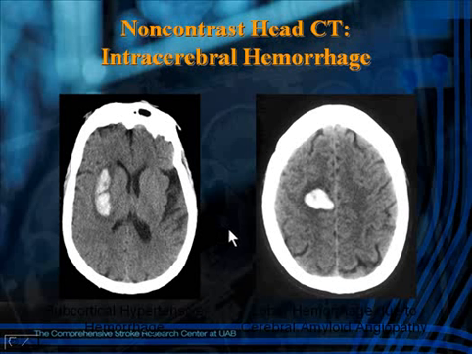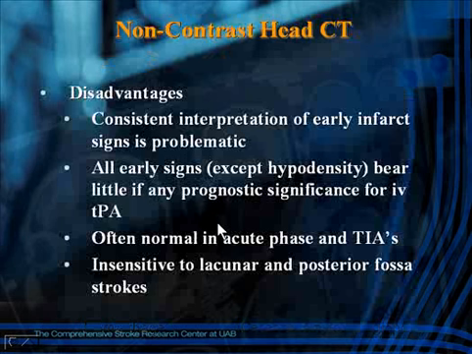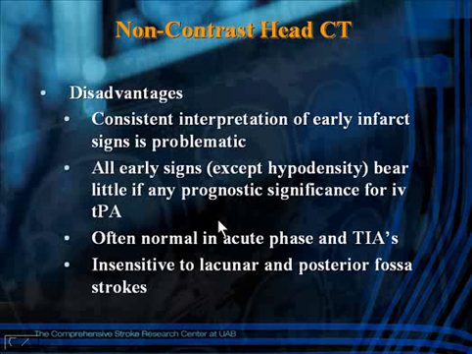This is beyond the scope of this talk, but CAT scan sometimes is the first imaging test that patients with different forms of bleeding receive in the hospital. Disadvantages of head CT scan mostly relate to interpretation of what's called early infarct signs.